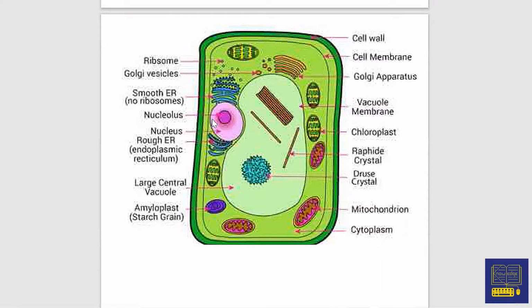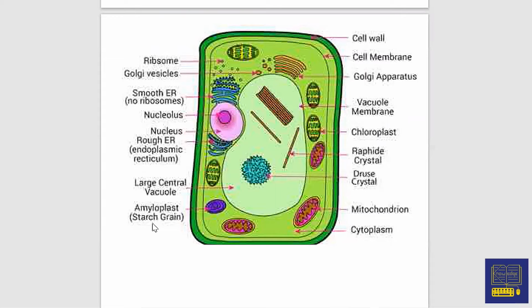The vital function of a nucleus is to store DNA or hereditary information required for cell division and metabolic growth. It helps in the metabolic growth.